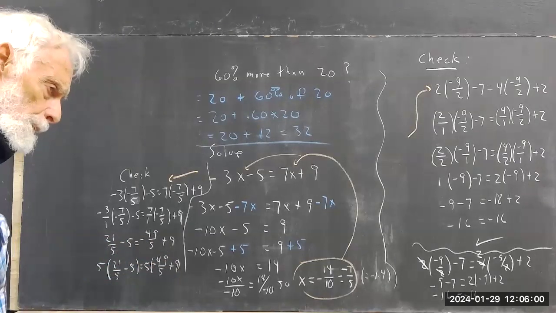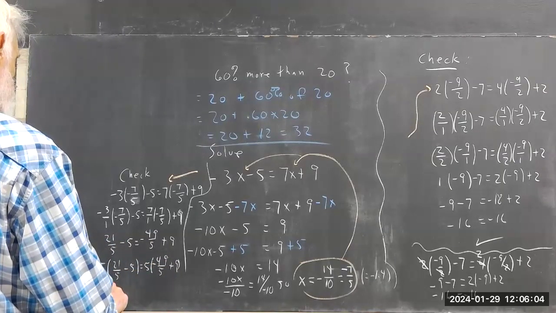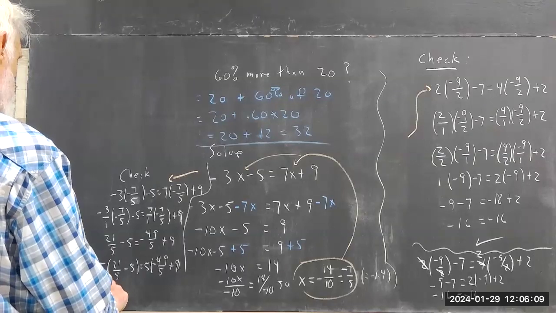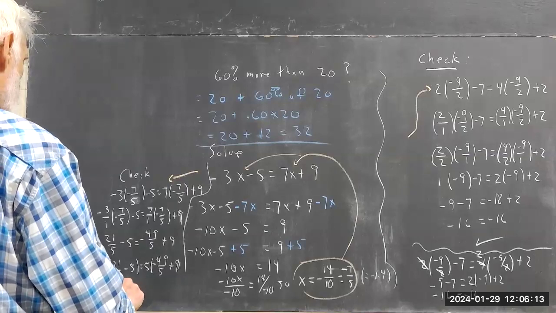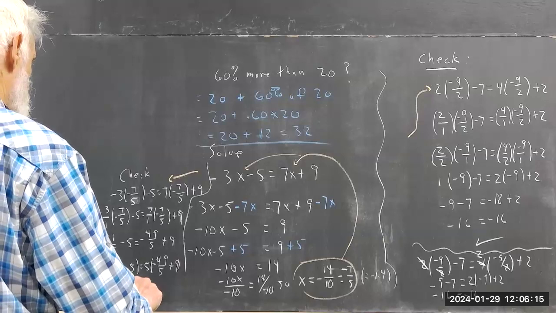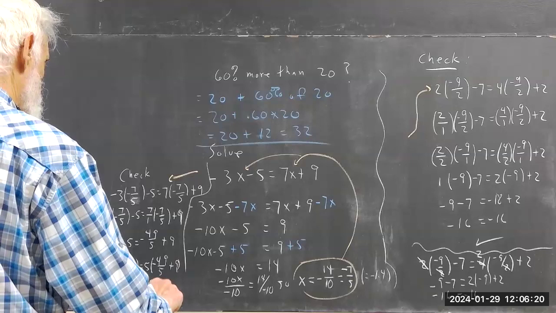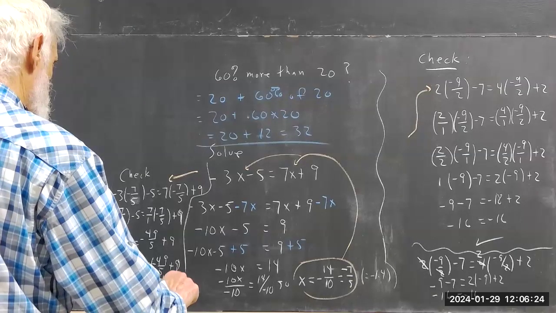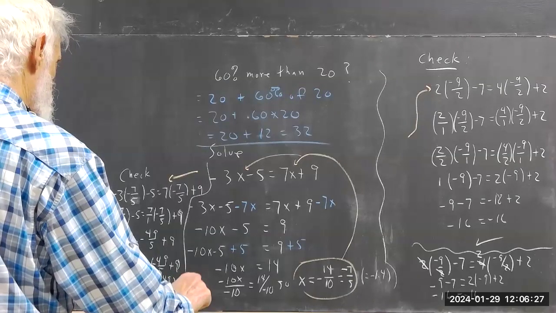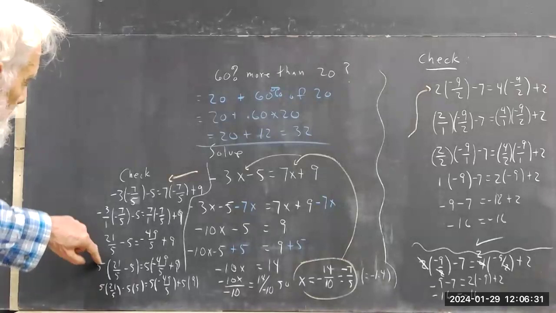Now, it's more steps, but when you end up working it through, then multiply 5 by the 21 over 5.